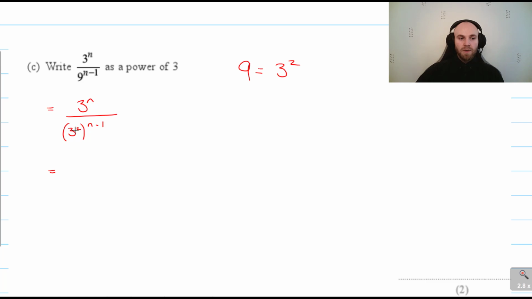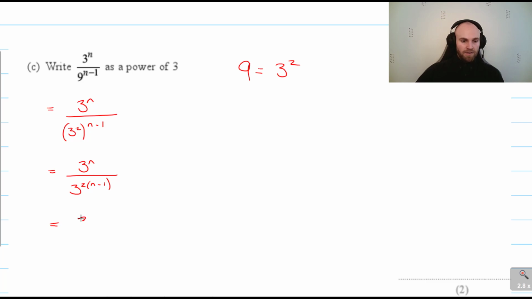Okay, and again now we have this power of a power rule because we have 3 to the power of 2, and then all of this to the power of n minus 1. So again, I'm going to leave the top. And this is going to be 3 to the power of 2 multiplied by n minus 1.